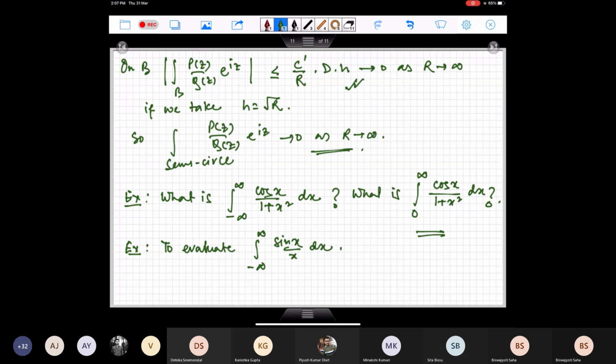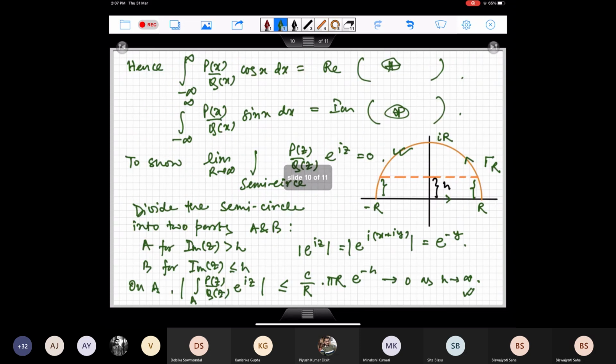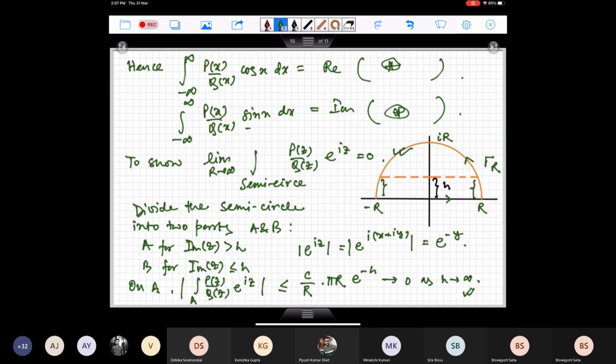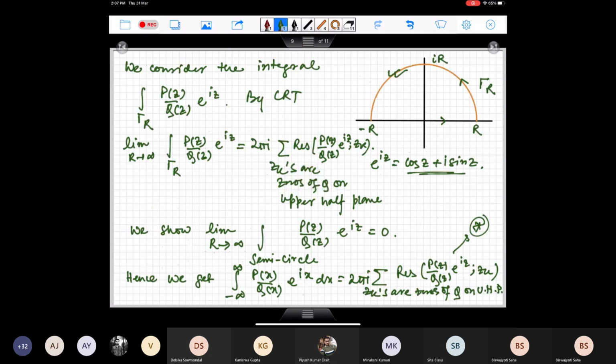But ideally, the way we were doing in the last case, you saw that the sine part is the imaginary part of a certain integral, and that integral was this one, the integral from minus infinity to plus infinity of p(x)/q(x) e^{ix} dx. So that's the integral we had. We took the imaginary part of that integral and we got the integral with sine.